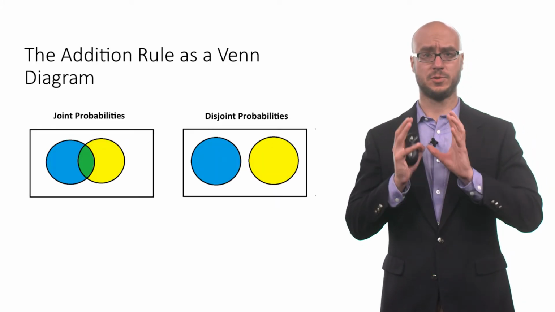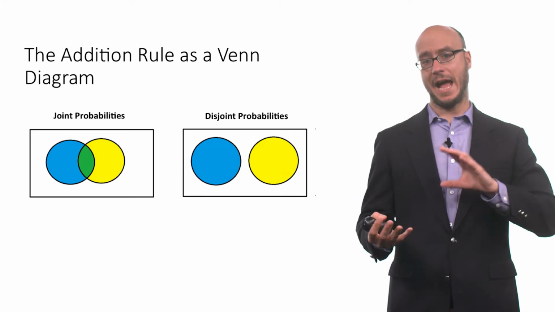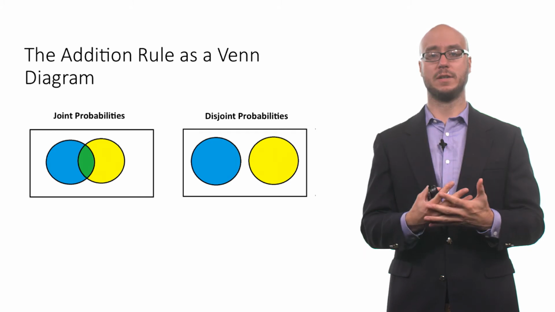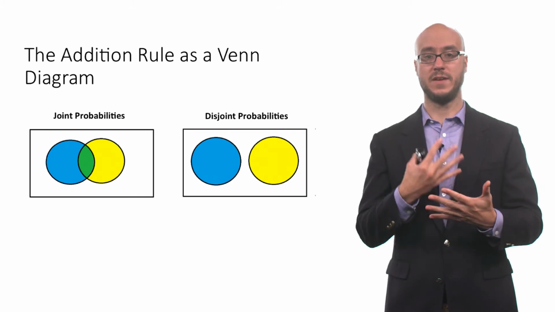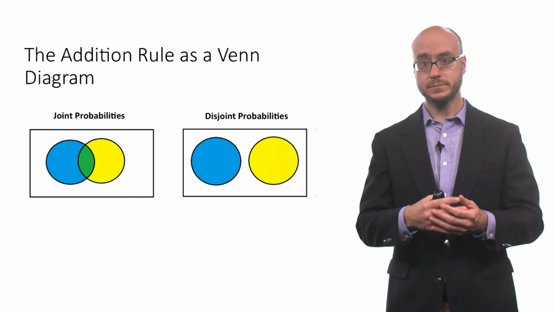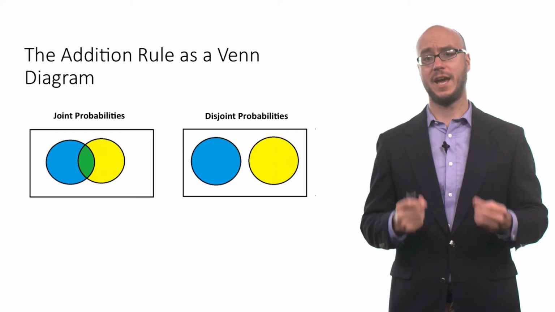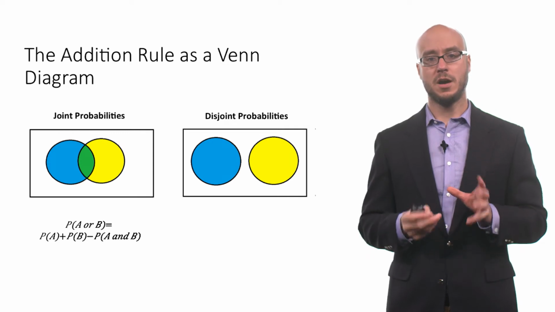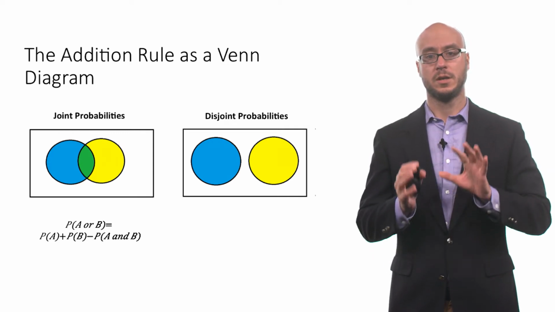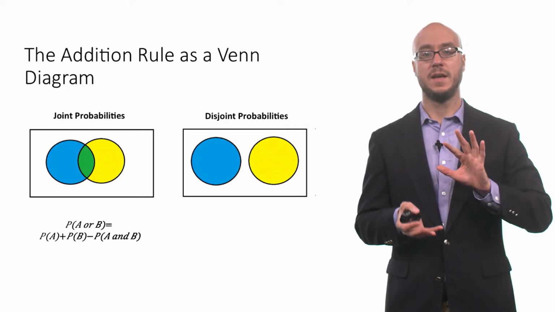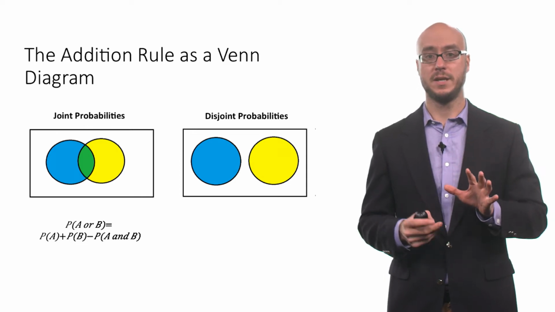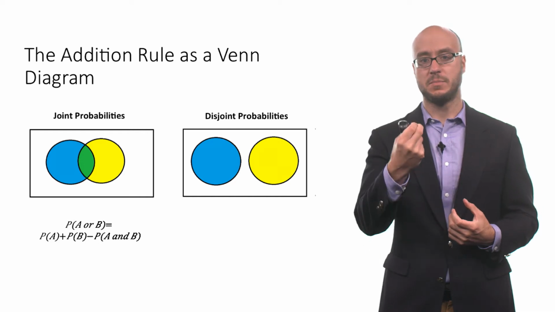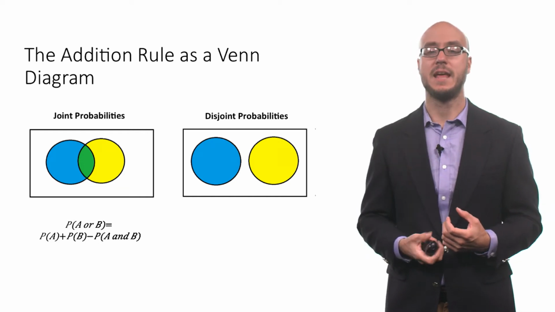So let's look at this addition rule in terms of the Venn diagram. As I've mentioned earlier, joint probabilities expressed as a Venn diagram overlap. There's some sort of intersection. For disjoint probabilities, the probability of A and B is 0, so there is no overlap. When we talk about the addition rule, the probability of at least one of these events occurring, A or B, is expressed as the probability of A plus the probability of B minus the probability of A and B, minus that intersection.